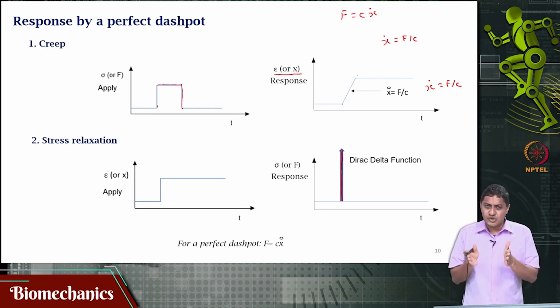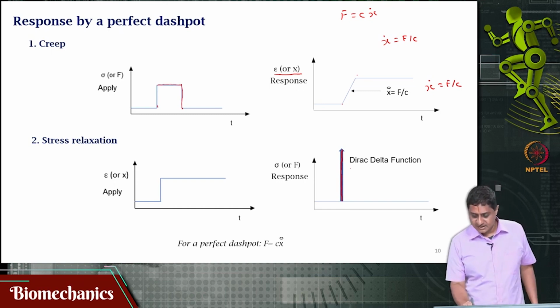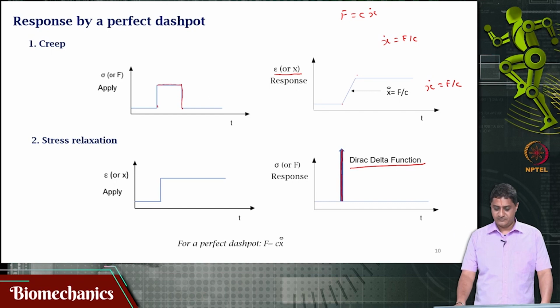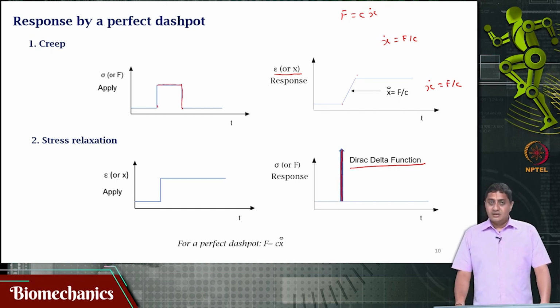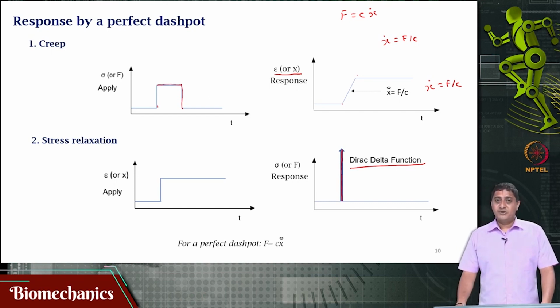In an extremely small amount of time, an extremely large amount of force is developed, which can be characterized or modeled by using this Dirac delta function. Okay. Of course, this is for a perfect dashpot. We will have to see what happens in the non-ideal dashpot.